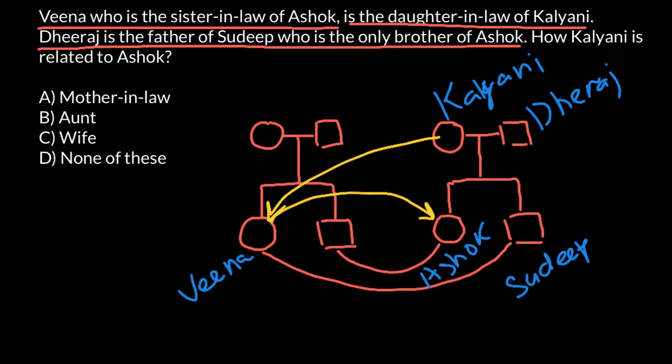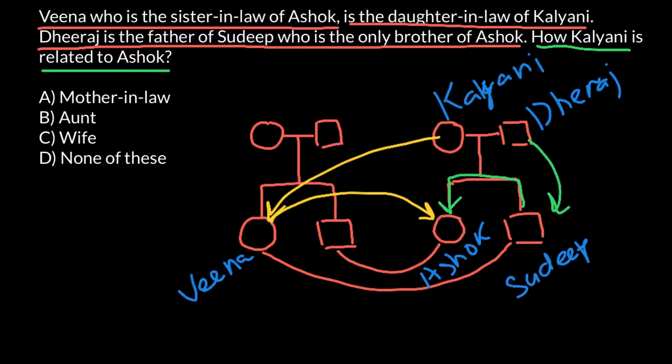And again, Dhiraj is the father of Sudip. So let me choose another color. Dhiraj is the father of Sudip, who is the only brother of Ashok. And Sudip, as you see, is the only brother of Ashok. How is Kalani related to Ashok? Again, Kalani is the mother of Ashok.